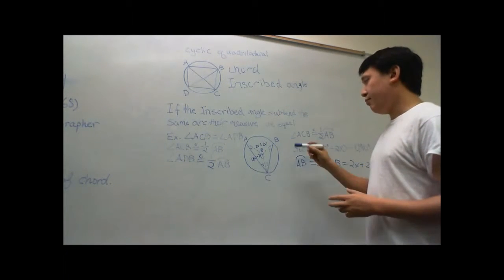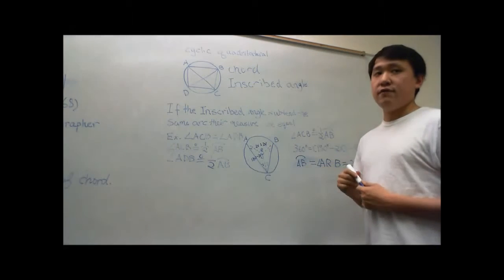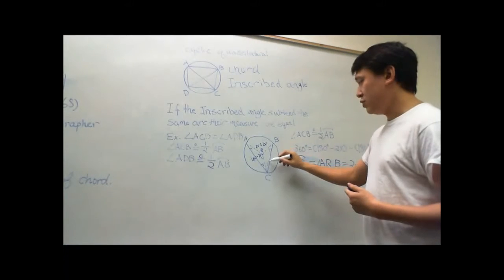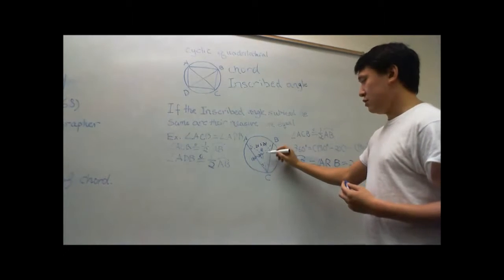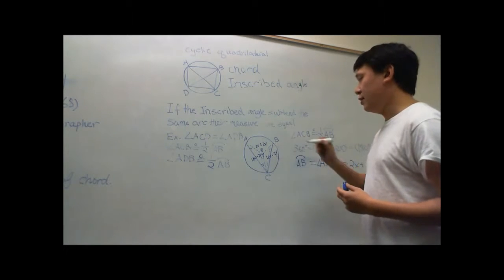On the other side, in BRC, similarly, the two sides are radii, which means these two sides are equal, and this angle right here equals 180 minus 2y.